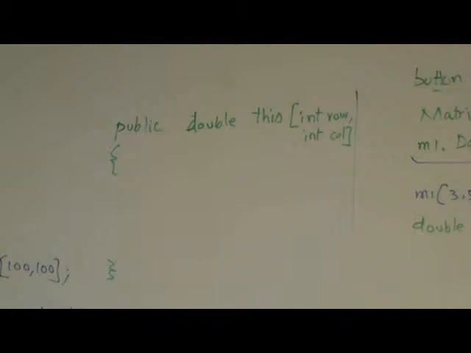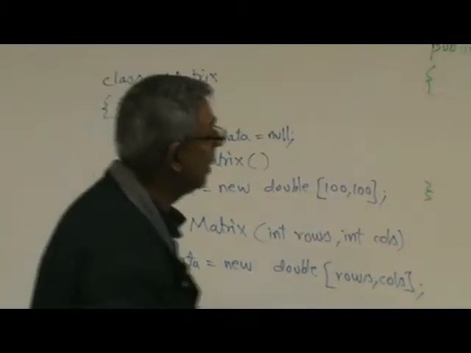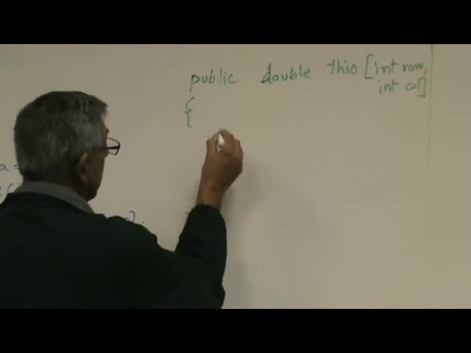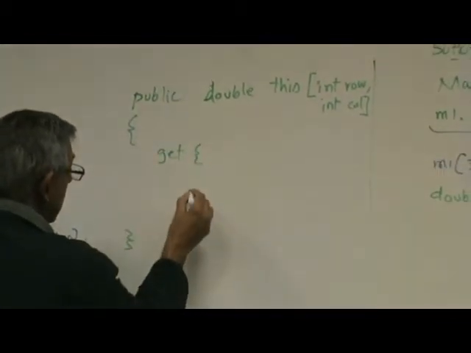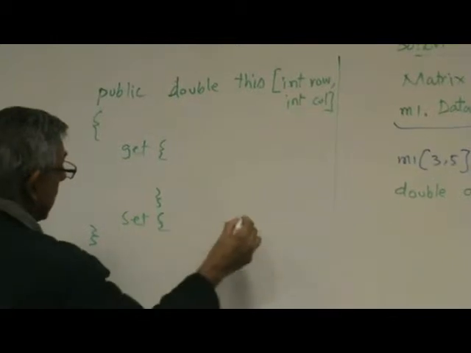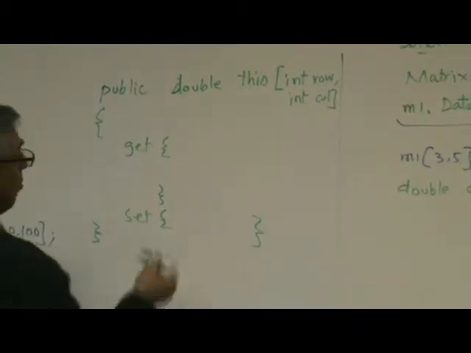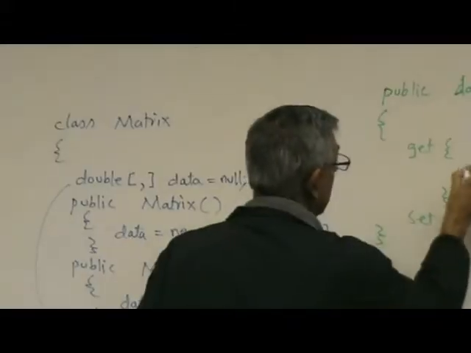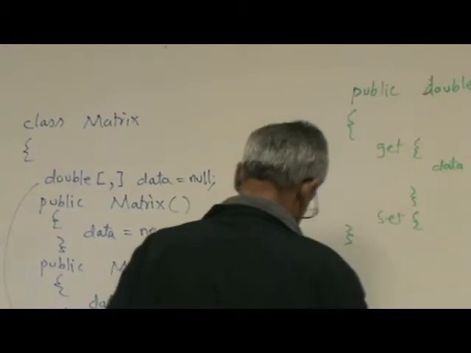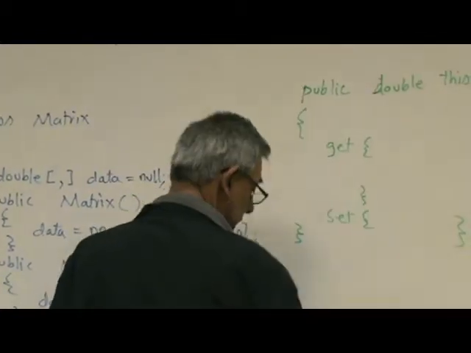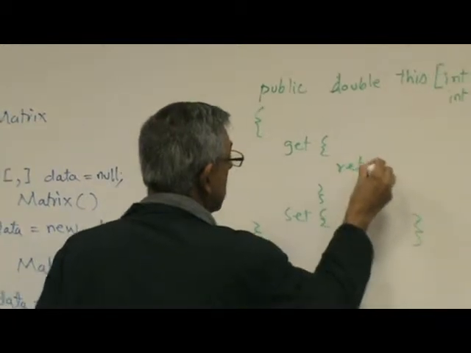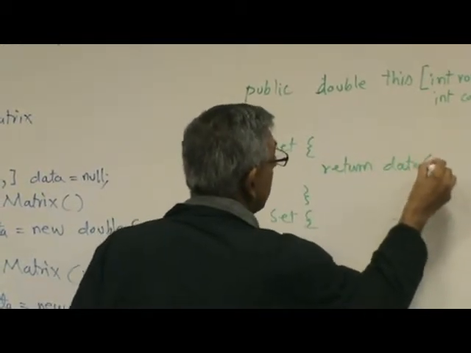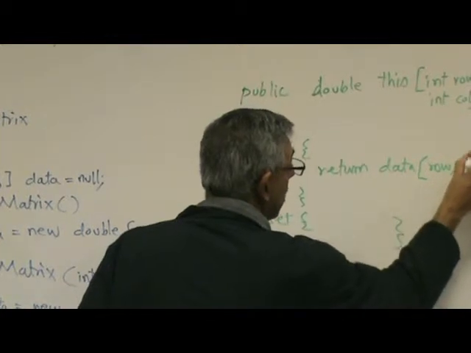So this means if we can directly type M1, we'll be able to access one of the fields over here, right? So anyway, there is a get part in the indexer. There's a set part in the indexer. Okay, so we can simply say our array is called data, so data of, so we can simply say return data of row, comma, column.